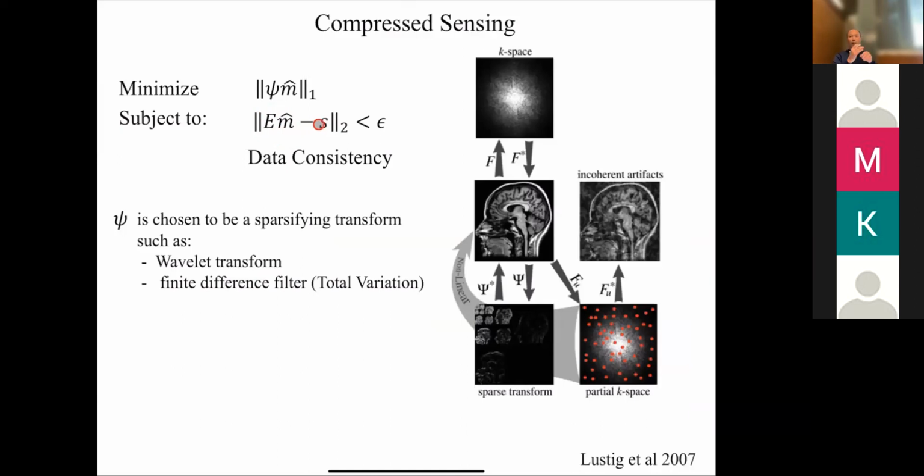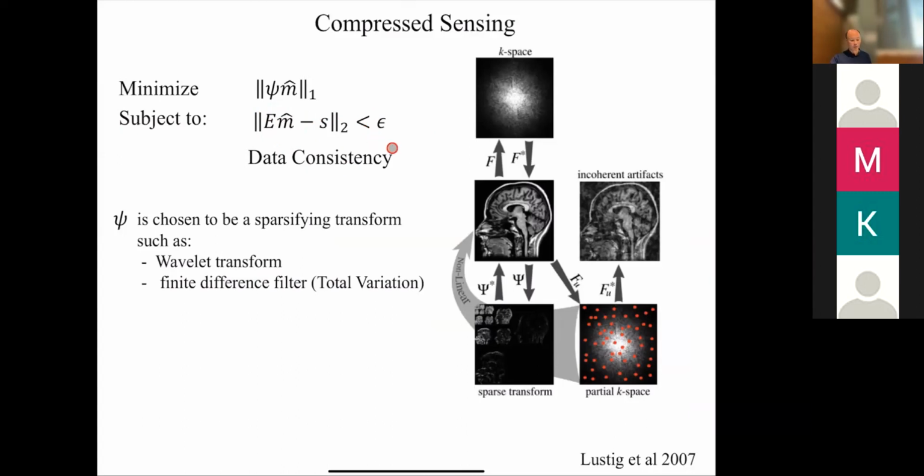That's just saying whatever I predict should explain my data. That's data consistency, and if I just did that, it's essentially solving the least squares problem. As we saw, if I do that, I don't get a very good image, right? So here I had another constraint. I want to do this, but I want to move away from that aliased image to a better solution.